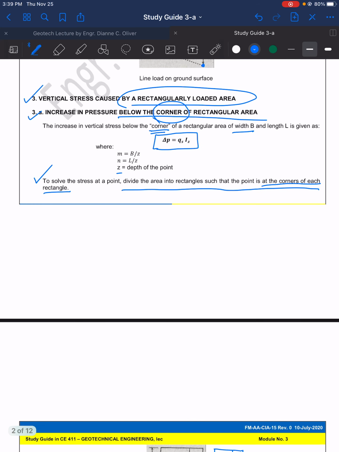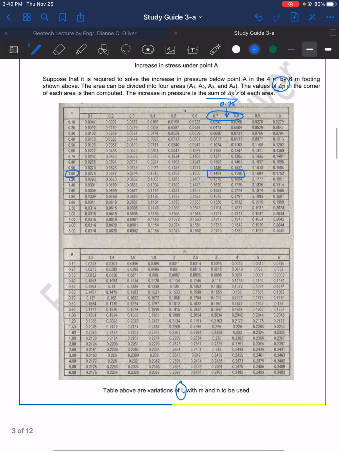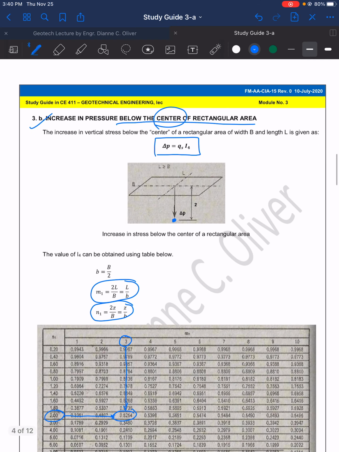And the third and fourth, for the rectangularly loaded area, we have the first case wherein the increase in pressure is below the corner of a rectangular area, and the second case is the increase in pressure below the center of a rectangular area.